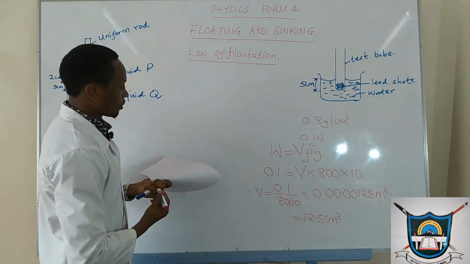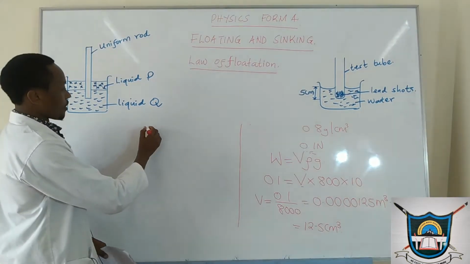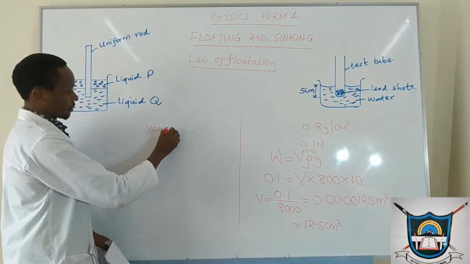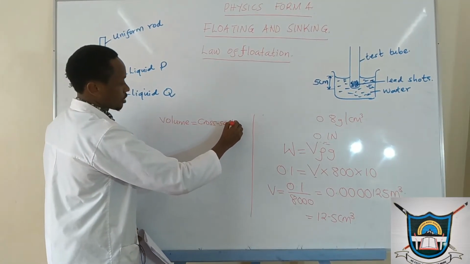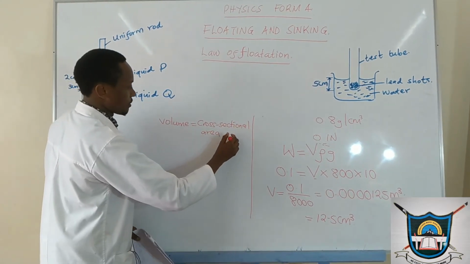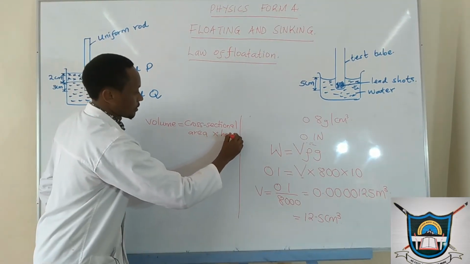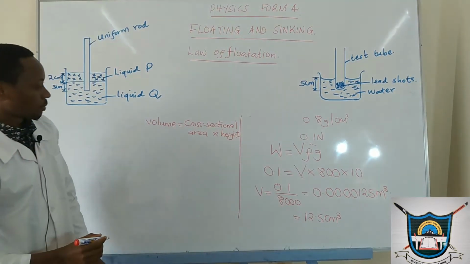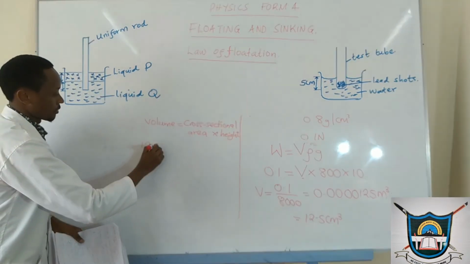From our earlier discussion, we know that volume is given by cross-sectional area times height, and we already have our volume, which is 12.5.